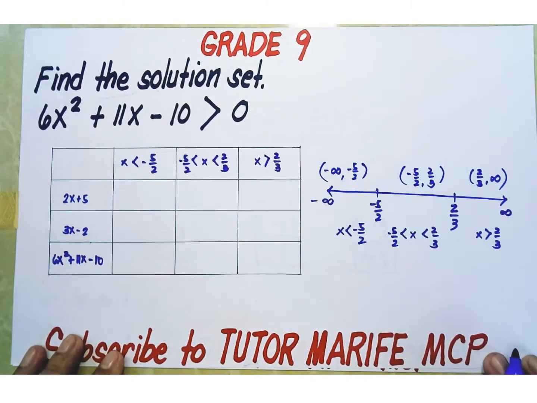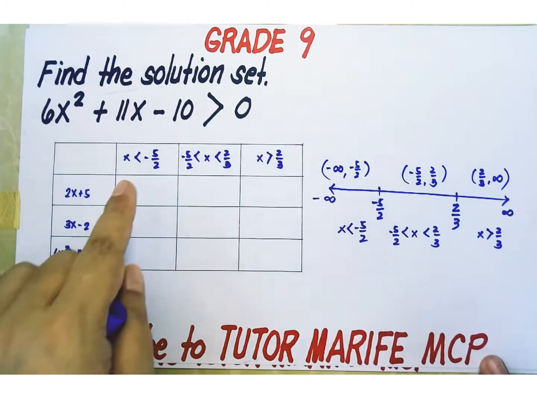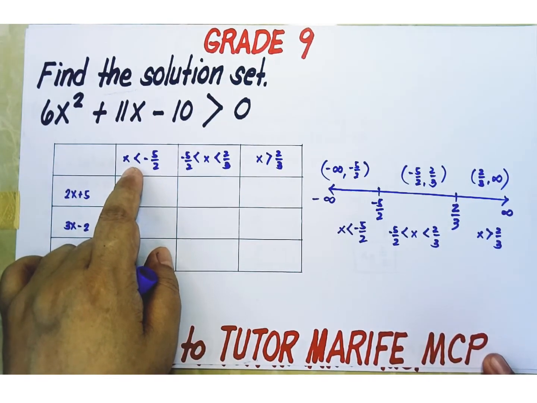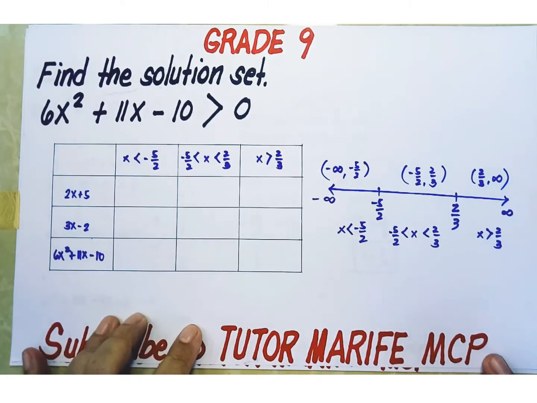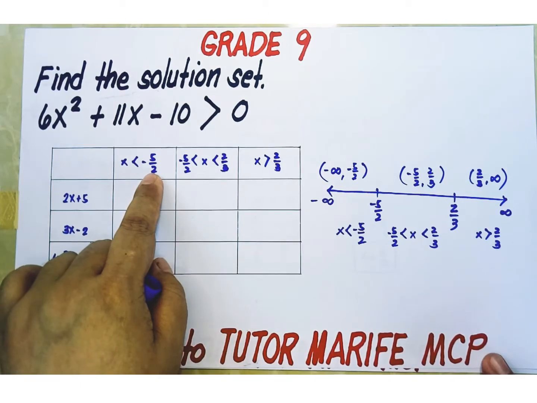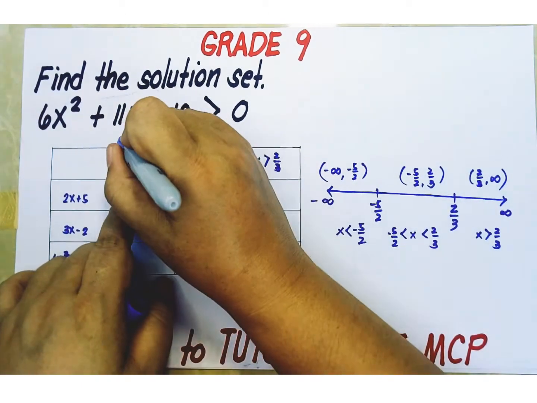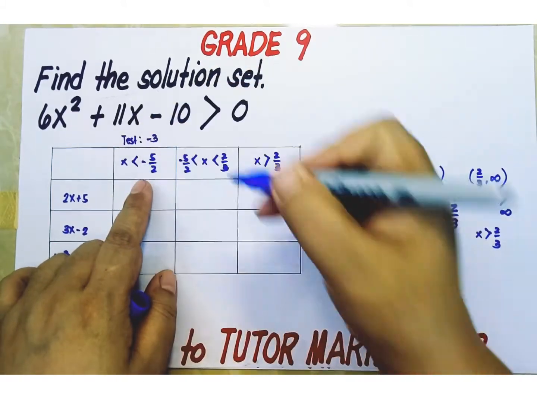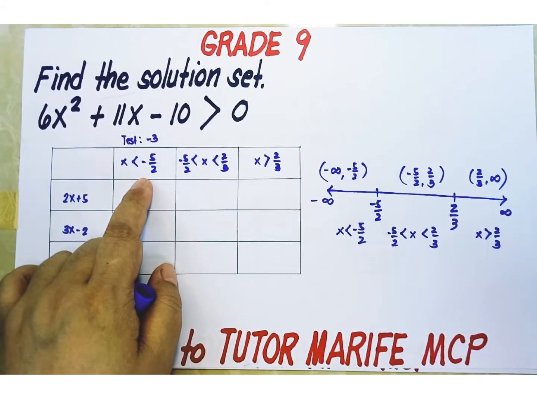For each interval, you choose one test number. You can choose any number as long as it falls under the interval. So our first interval is x less than negative 5 halves. Think of any number that's less than negative 2 1/2. I'll choose negative 3. Negative 3 is less than negative 2 1/2.